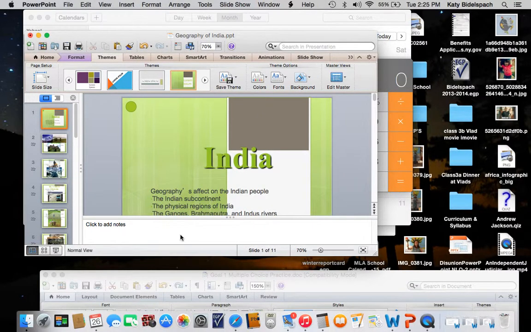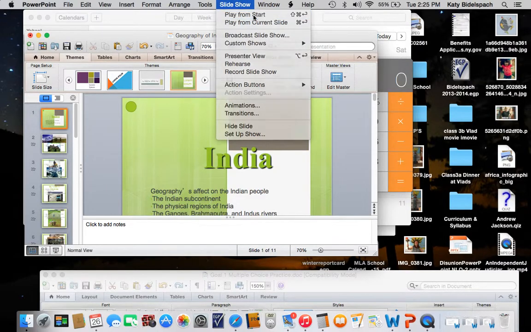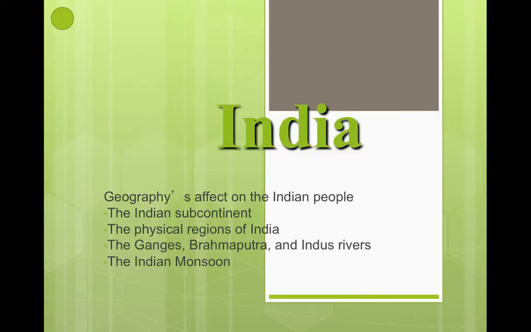And that's it for India. Again, we talked about India as a subcontinent, that it was kind of removed from the rest of Asia, both physically and a little bit mentally, because it has some different things.